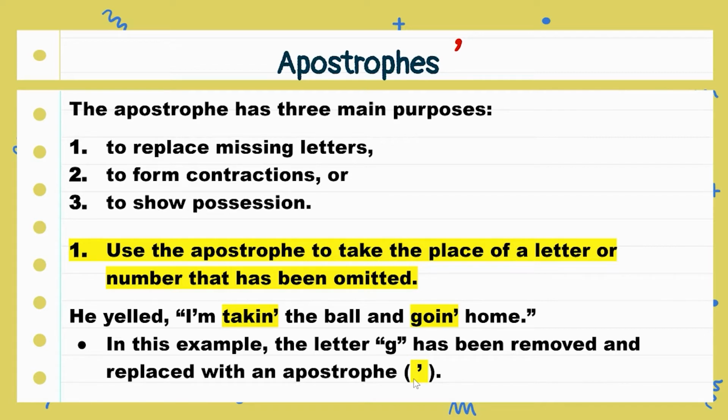Use the apostrophe to take the place of a letter or number that has been omitted. "Hey, Elaid, I'm takin' the ball and going home." In this example, the letter G has been removed and replaced with an apostrophe. Let's have an apostrophe, you can see it.